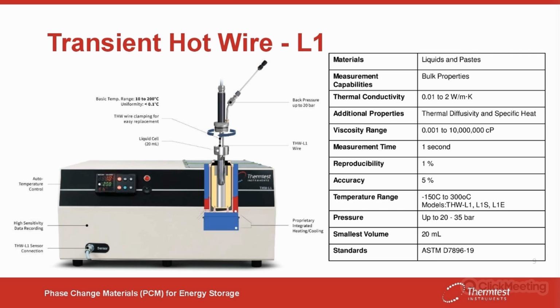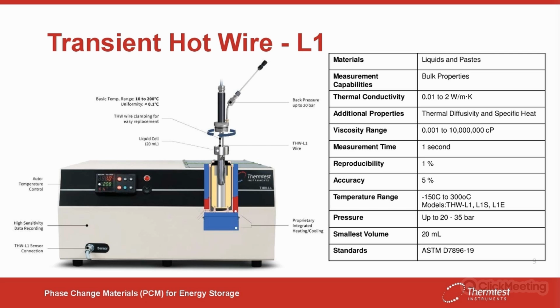It's suitable for a very wide viscosity range, up to 10 million centipoise, and the preferred measuring time is 1 second. The repeatability of the measurements is 1%, and the accuracy 5% for very high temperatures and pressures.